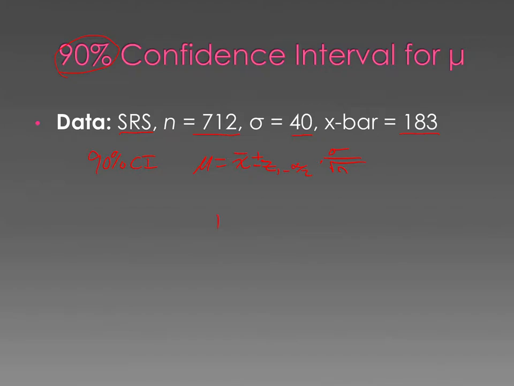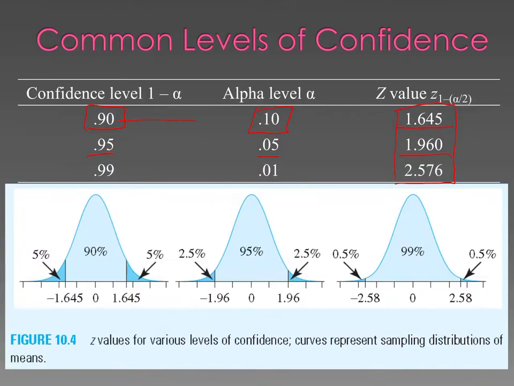We know our x bar is 183 plus or minus our z of 1 minus alpha over 2. Now remember, since our 90% confidence interval, our alpha is going to be 0.1, so it'd be z of 1 minus 0.1 over 2, which if you go back to the other slide, at 90% confidence, our z value is going to be 1.645.